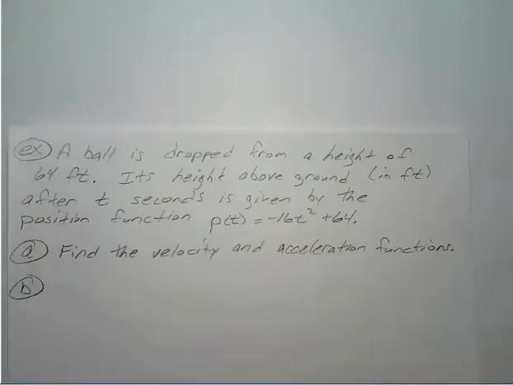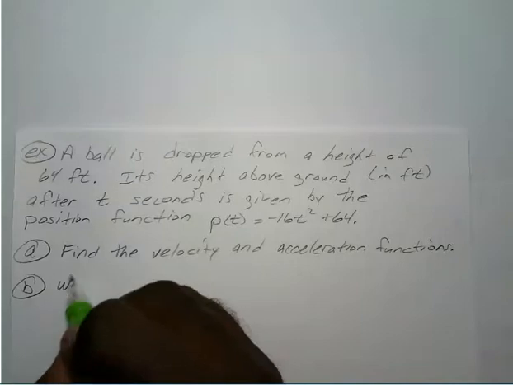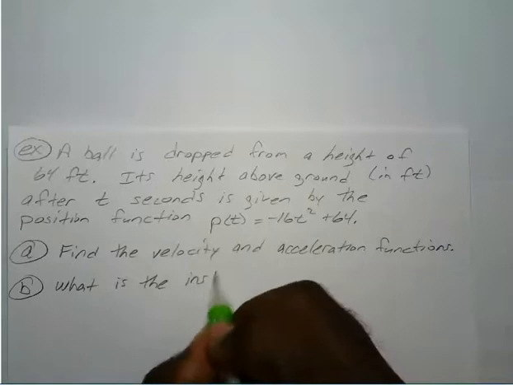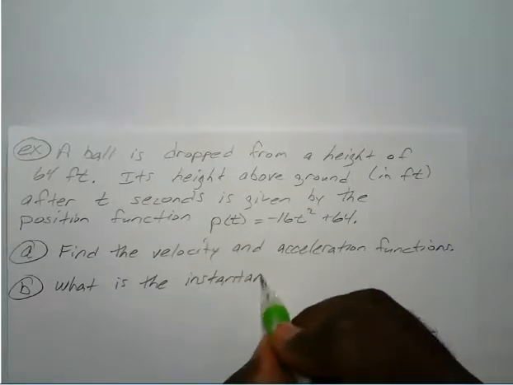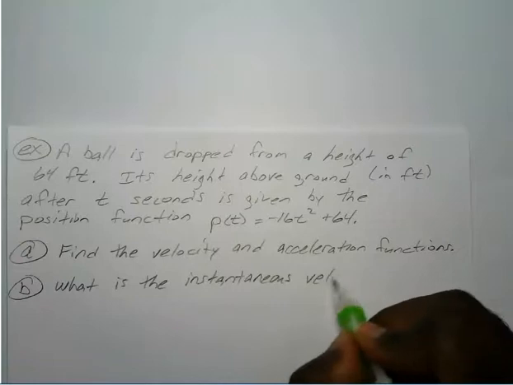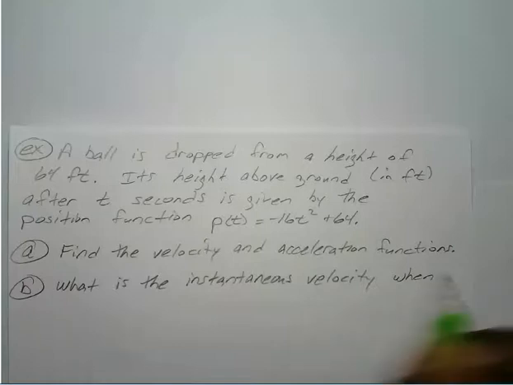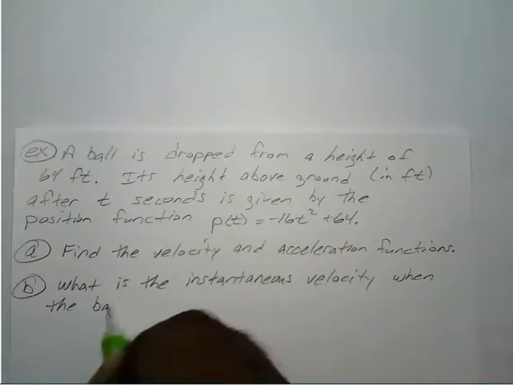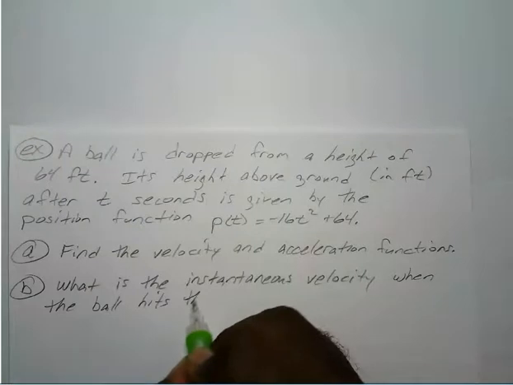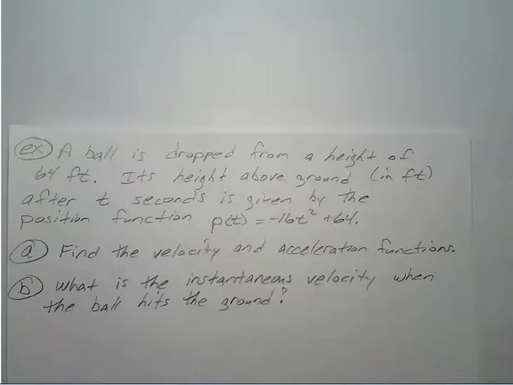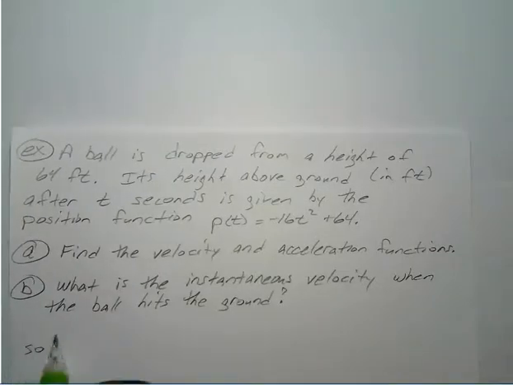And for problem B, we want to find out what is the instantaneous velocity when the ball hits the ground. Alright, so let's go ahead and start with solving problem A.